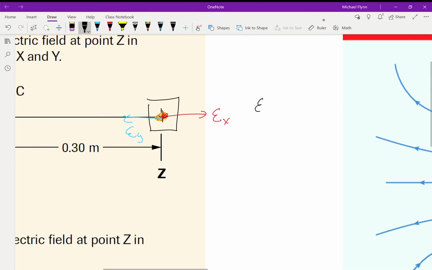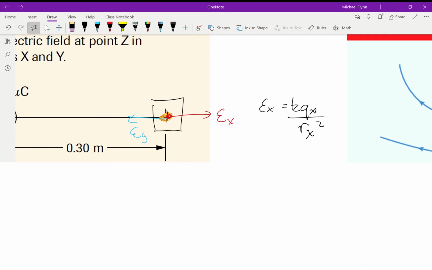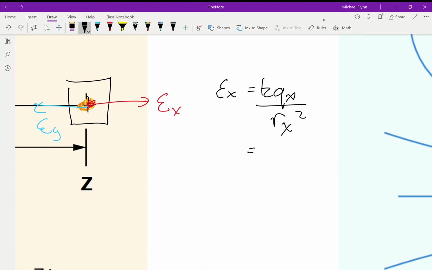To find EX, it's going to be k QX divided by RX squared. That's field X. My pen's not working very well. Now I can put these numbers in. K is always 9 times 10 to the 9.